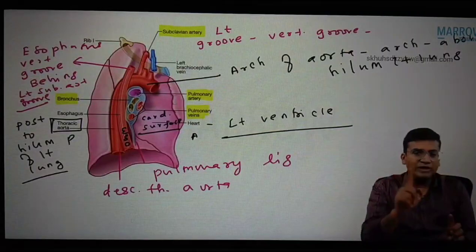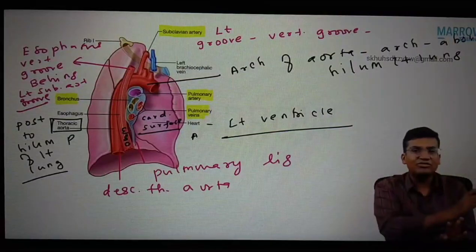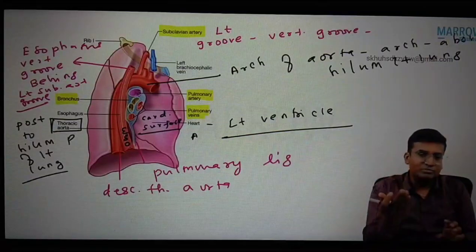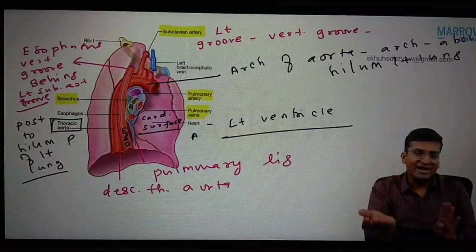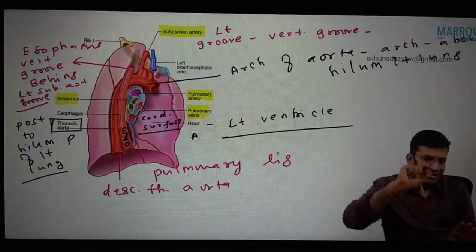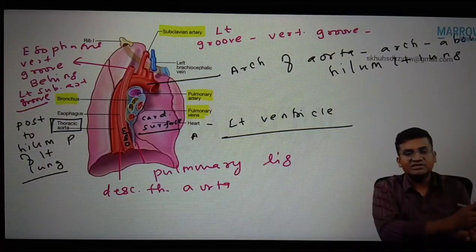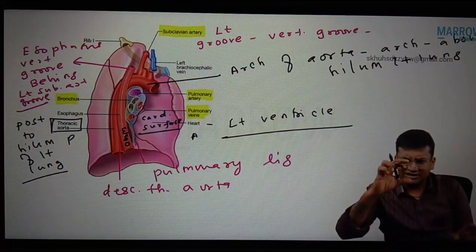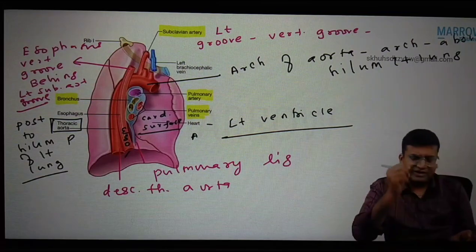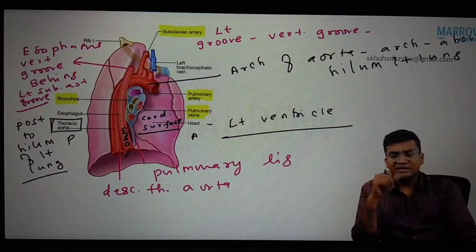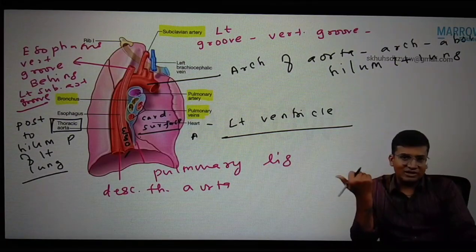Right side, we have only one impression for esophagus behind the hilum of right lung. But left side, we have 2 impressions for esophagus. Behind the groove for left subclavian artery, we have a small impression for esophagus. And between the pulmonary ligament and the impression for descending thoracic aorta, we have a small vertical groove for esophagus. So that's all about the mediastinal surface of the left lung.